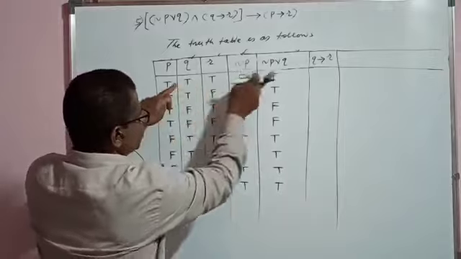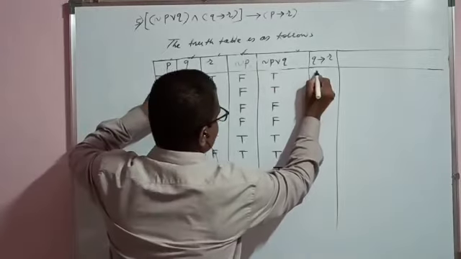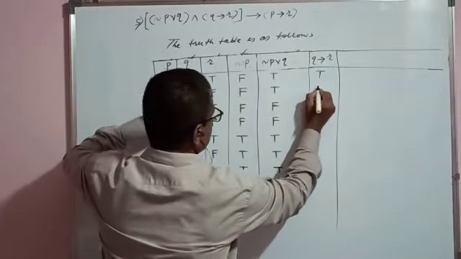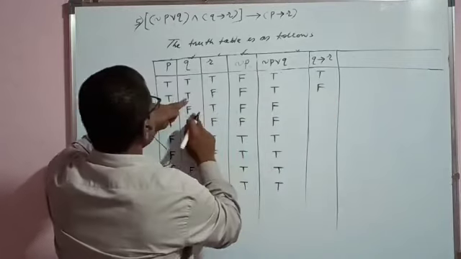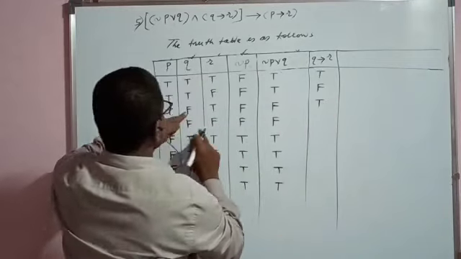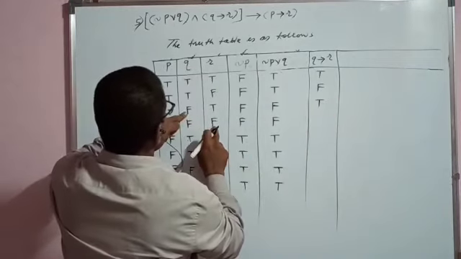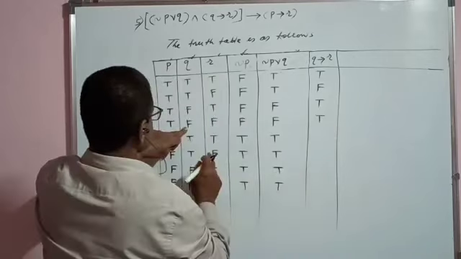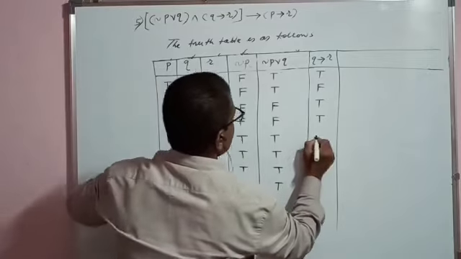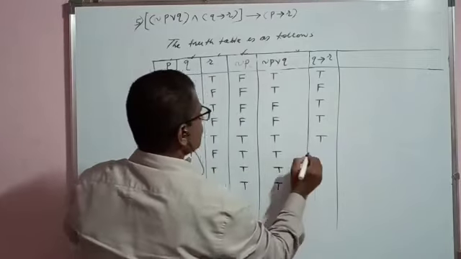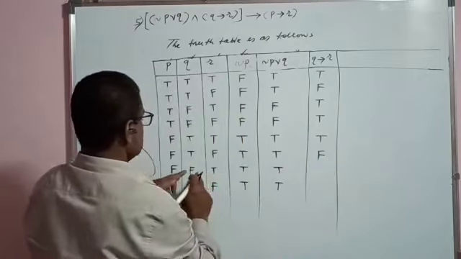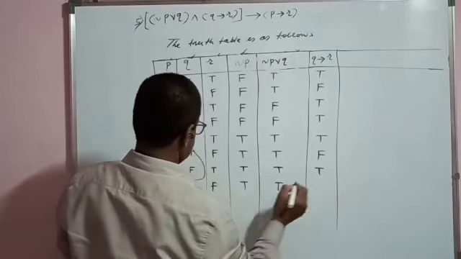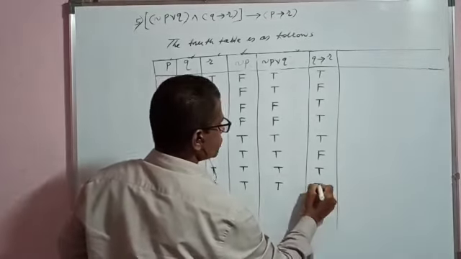So from Q to R: TT, it is T; TF, it is false; FT, it is T; FF, it is also T; TT, it is T; TF, it is false; FT, it is T; FF, it is T.